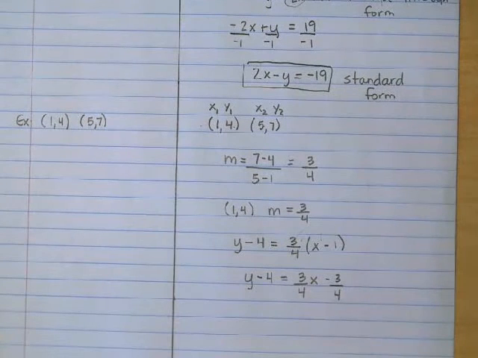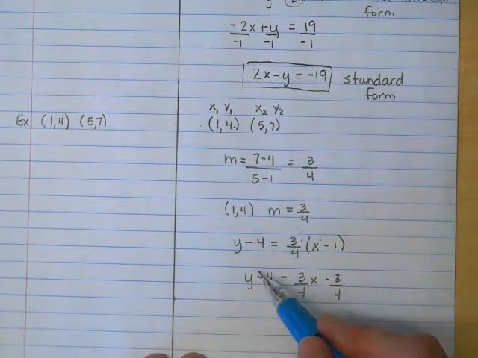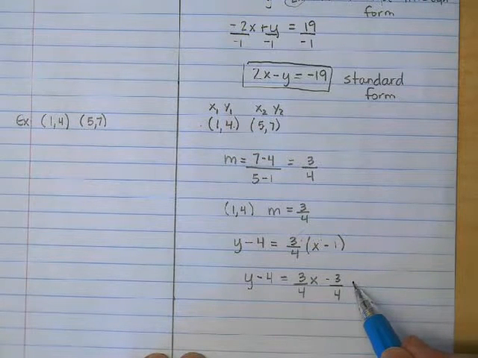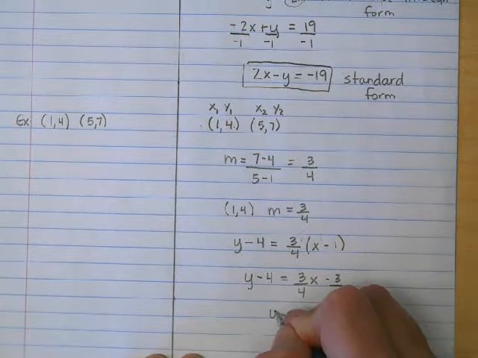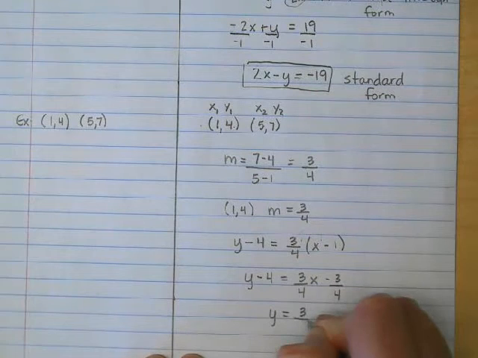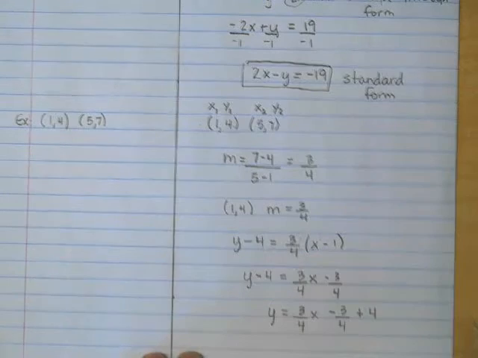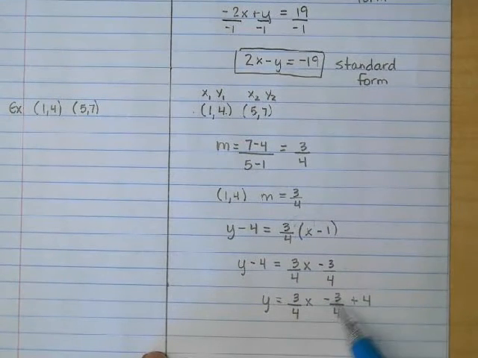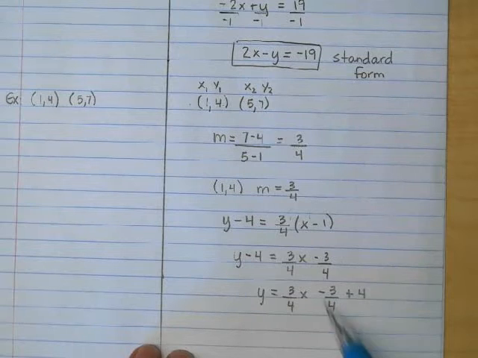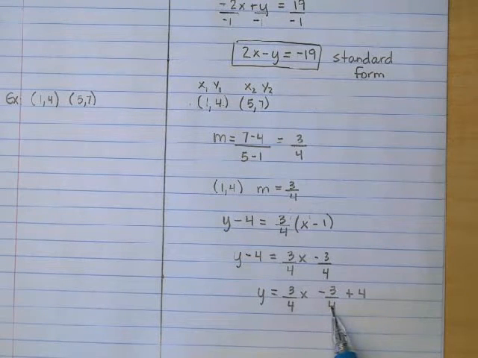Okay, so that looks a little bit yucky. We know we have to add the 4 over here. So let's do this. y equals 3/4 x. I know that I would have to get a common denominator, but watch this little cool trick, because see how that has a 4?